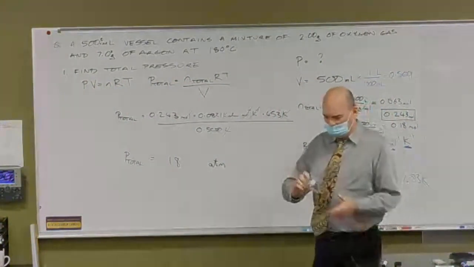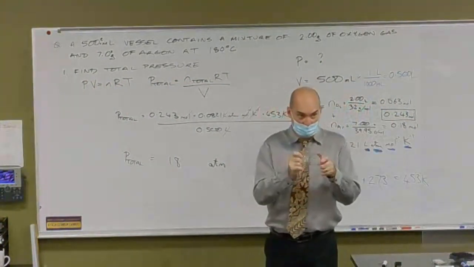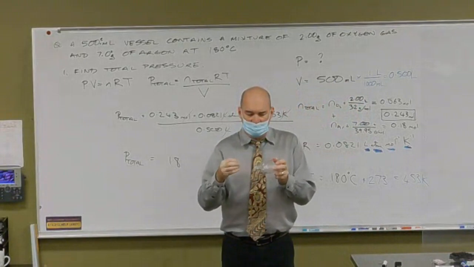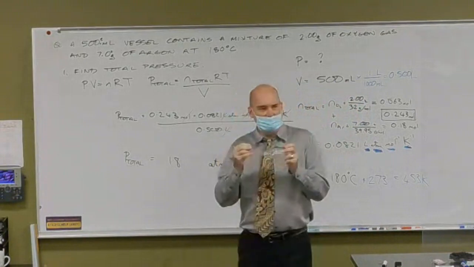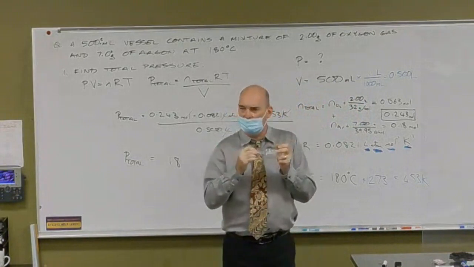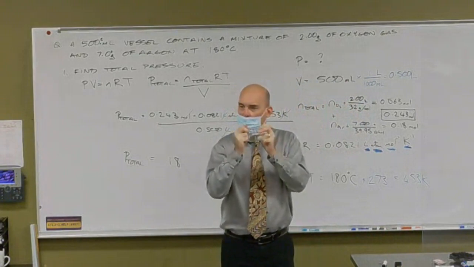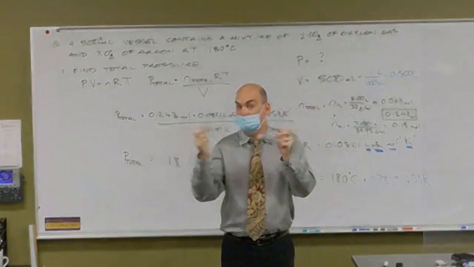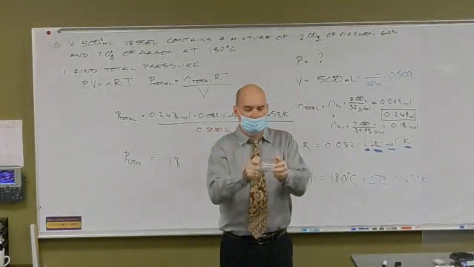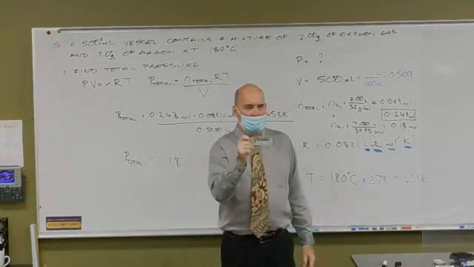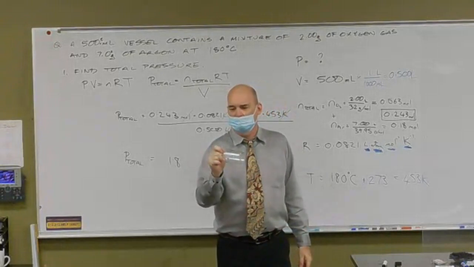So here's a container. This is only a quarter of a liter, not half of a liter. I've got to stick 18 times atmospheric pressure into here, which means I need to clamp that cork down on this. Otherwise, it's going to just pop off. Am I worried at 18 atmospheres that this glass is going to break and kill everyone in the room?